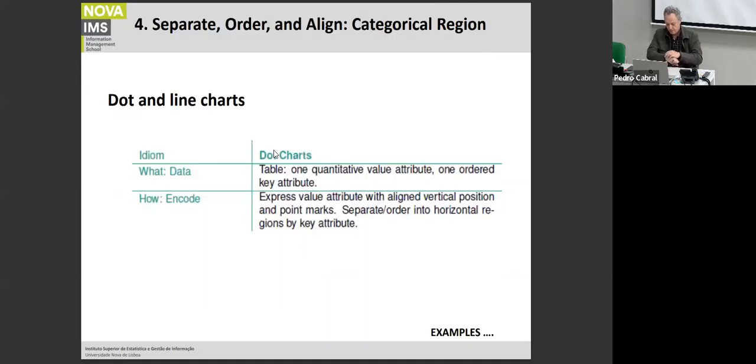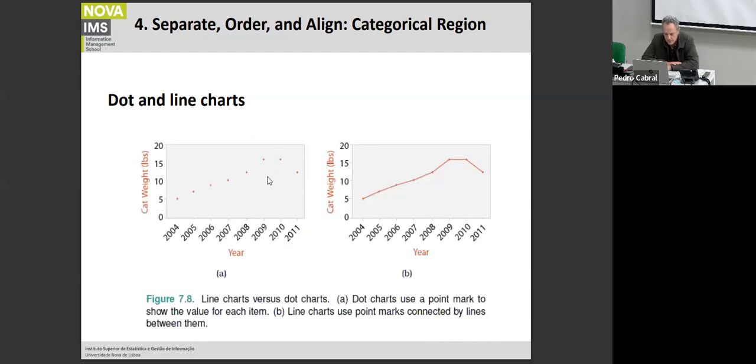Okay. So dot charts. Dot charts are representing using points as marks. Okay, we have one quantitative attribute and one qualitative or ordered attribute. Okay, so let's see an example. So we have points as marks. This is not the scattered plot. Okay, for the computer, years are quantitative data, but these are ordered attributes.